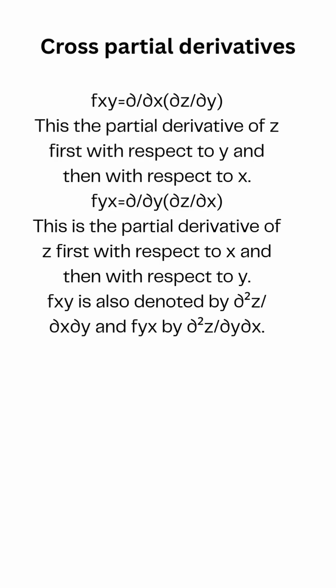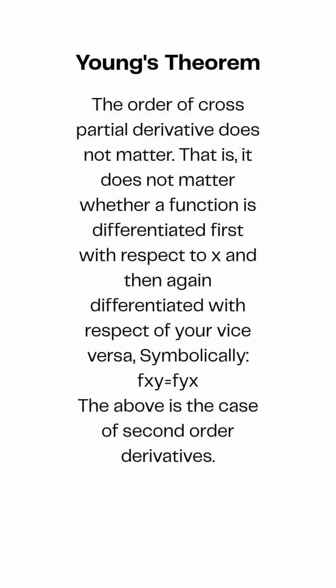Similarly, fyx means first differentiate z with respect to x and then with respect to y. Now, according to Young's theorem, the order of cross partial derivatives doesn't matter. That is, it doesn't matter whether a function is first differentiated with respect to x and then with respect to y, or vice versa.